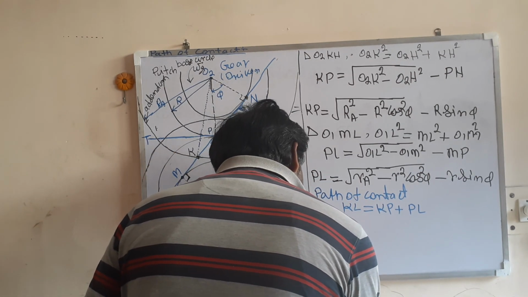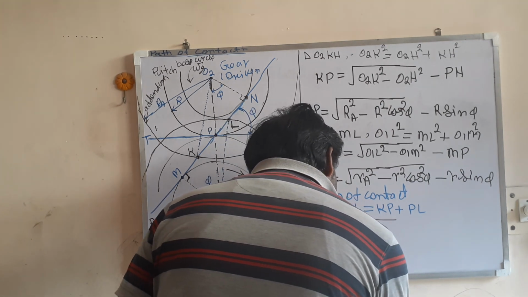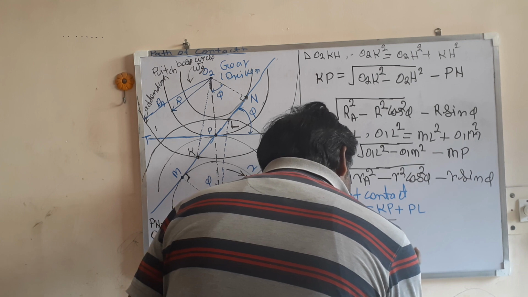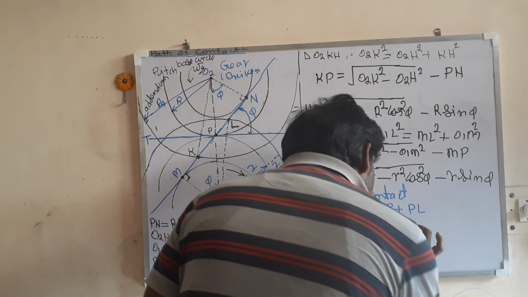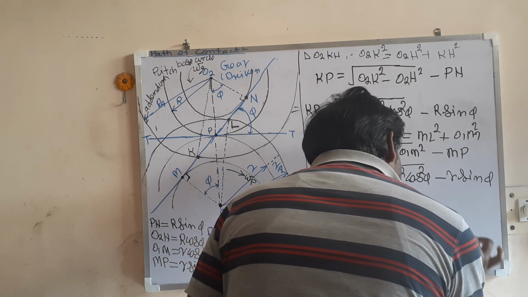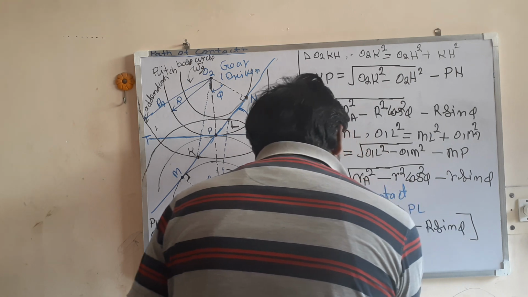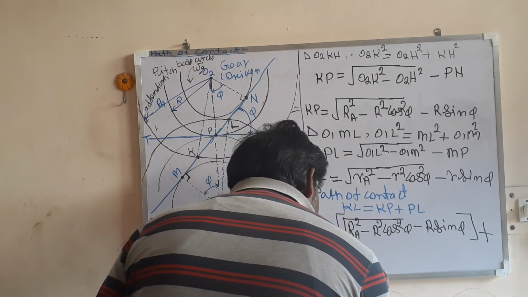So KL is equal to under root capital RA square minus capital R square cos square phi, minus capital R sin phi. So this is the path of approach plus path of recess.